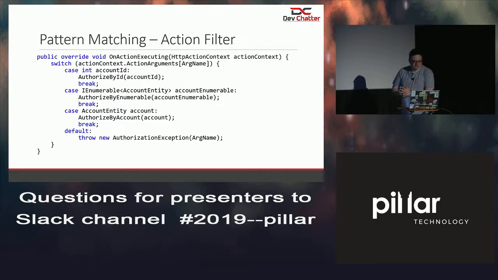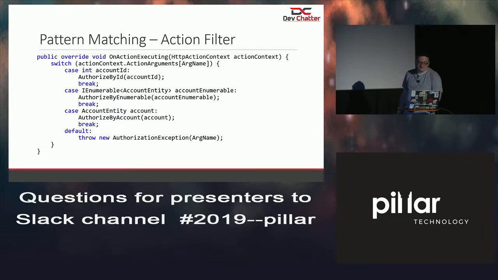You have some kind of entry point. In this case, it's our OnActionExecuting method. It's going to bring in the context, which is going to give us access to all the values. And then we have to determine inside of here whether or not we were given the account ID, or whether we were given a collection of account entities, or whether it was a single account entity.